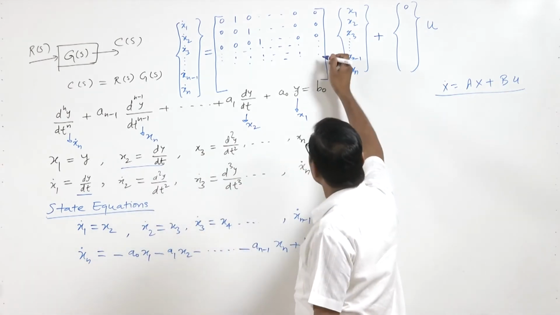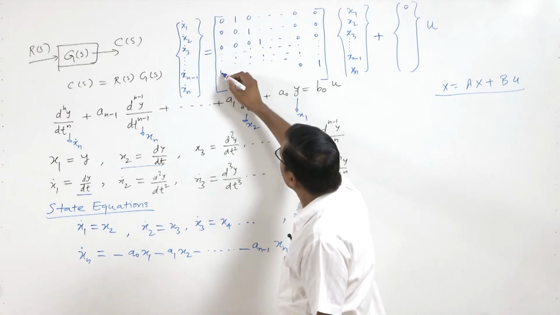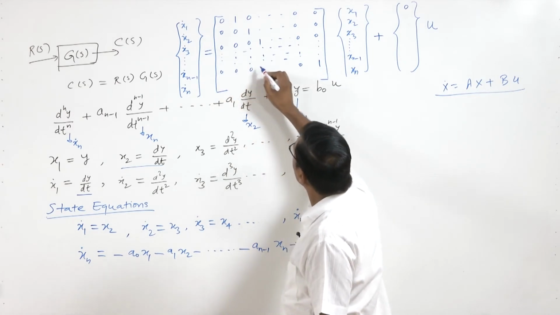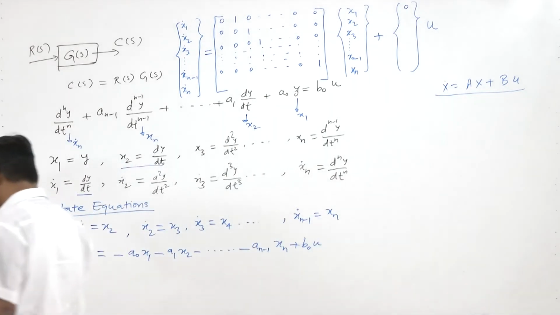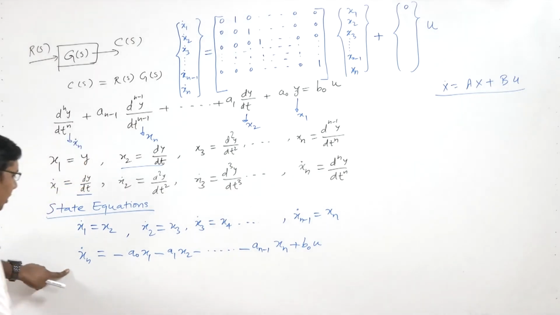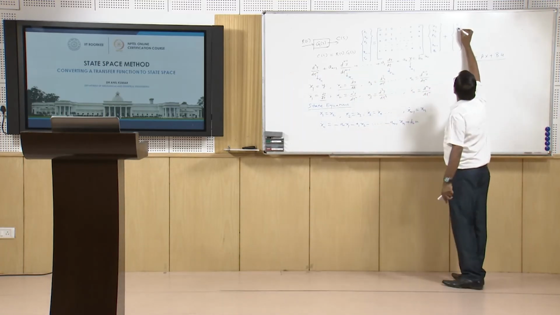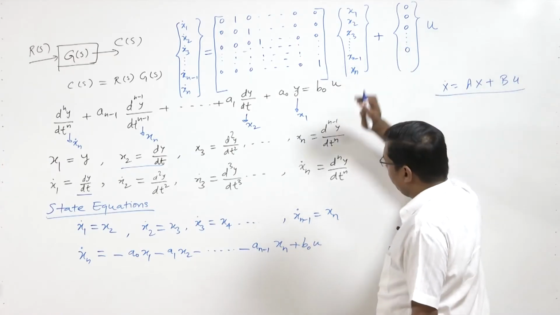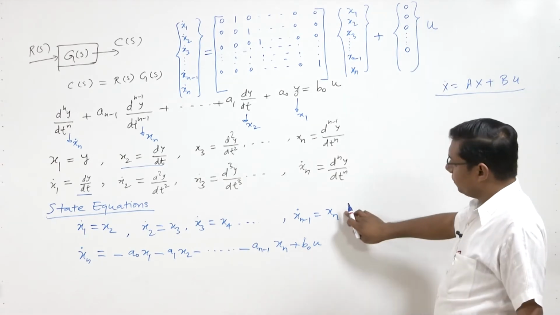So here the last element should be 1 and the rest should be 0. Now come to the xn dot. And of course here also zeros, because there is no component of u in these equations.